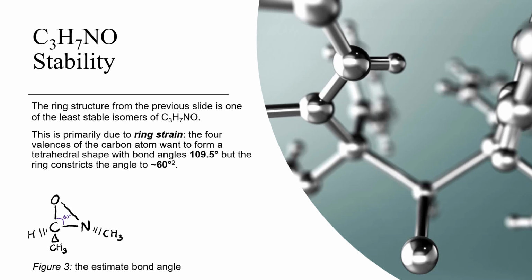Now, the reason that this may be unstable is because of the large difference between the angle that the atom wants to have and the angle that it has in actuality. It is being forced closer together, and this puts strain on the ring.